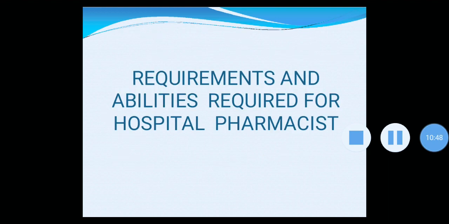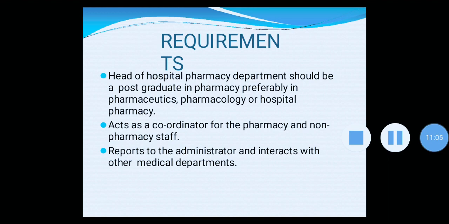Then the requirements and abilities required for the hospital pharmacist. What are the abilities required for the hospital pharmacist? That is the second question. It is a very important question for the sessional and annual exams. Requirement: the head of the hospital pharmacy department should be a post-graduate in pharmacy, preferably in pharmaceutics, pharmacology and hospital pharmacy.